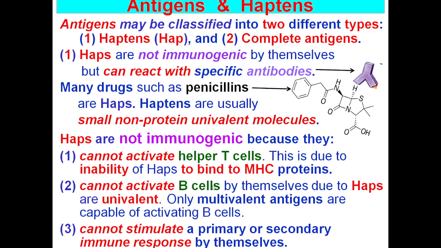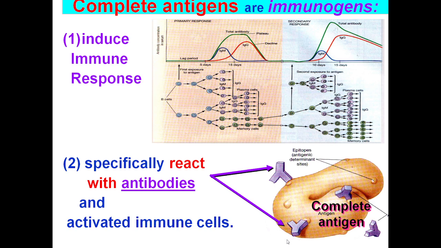They require multiple contact to antigenic determinants of the same specificity. Third, haptens cannot stimulate a primary or secondary immune response by themselves because if they were capable of activating T cells, of course, they could stimulate primary or secondary immune response.